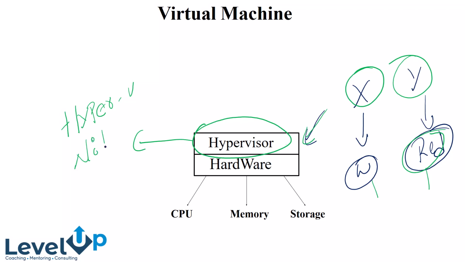There is another hypervisor called Nitro, which is an AWS hypervisor. There's a hypervisor called ESXi from VMware. There is a hypervisor called Citrix Xen from the company Citrix. These are the different types of hypervisors.